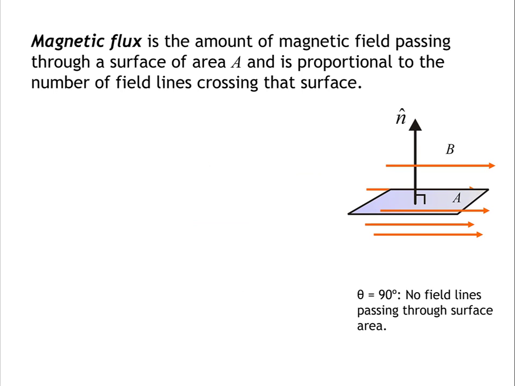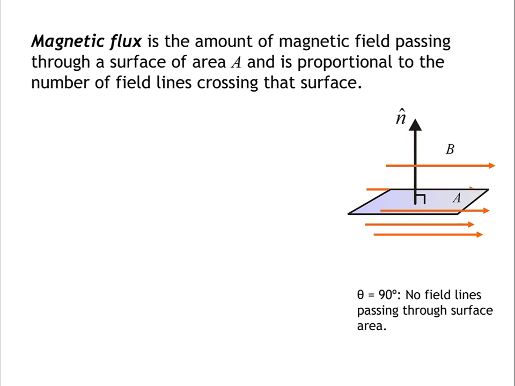Notice when the surface area vector is perpendicular to the magnetic field, no magnetic field lines cross the surface. None pass from one side of the surface to the other side. Here, we would say we have 0 magnetic flux because there are no field lines crossing the surface.